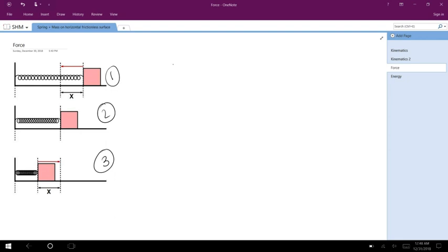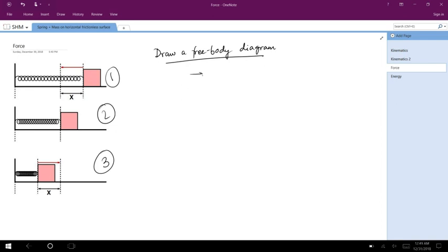So now, whenever it's a force problem, the first thing we should do is draw a free body diagram. So we draw a free body diagram, and for this block, at different instances, different forces are acting on the block, but the nature of those forces are pretty much always the same.